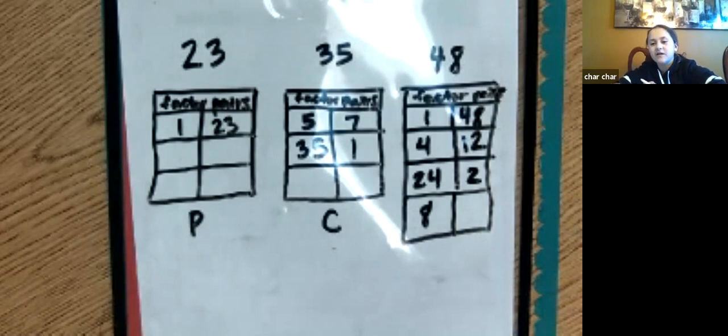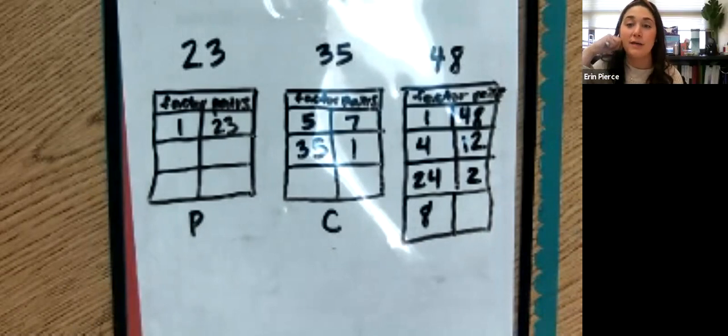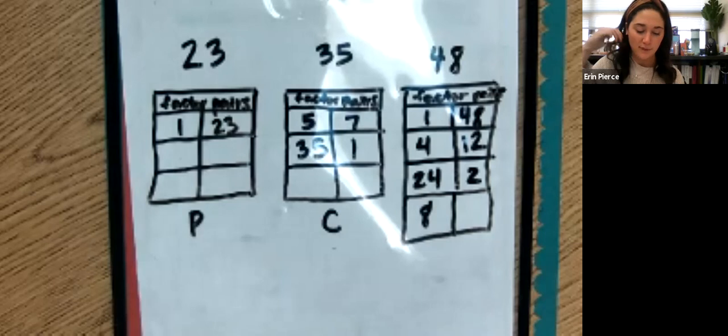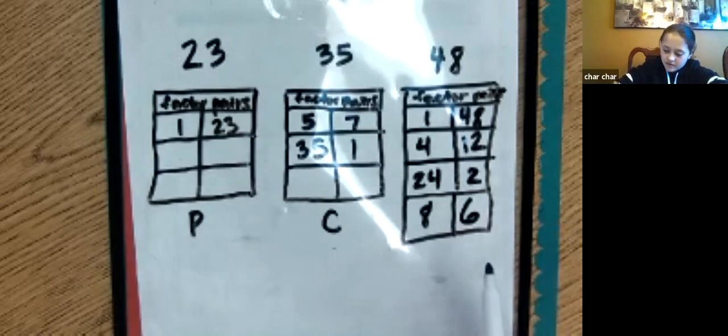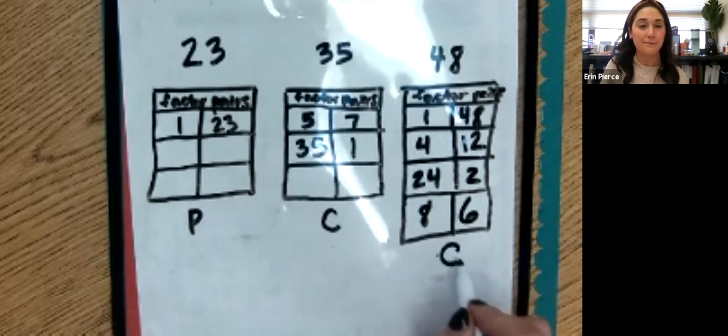I know 48, what does 8 match with, Olive? 6. So our number 48, composite.